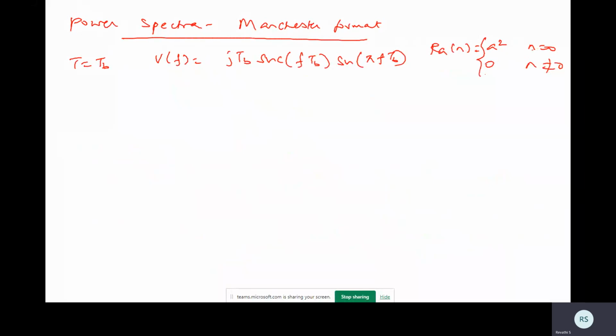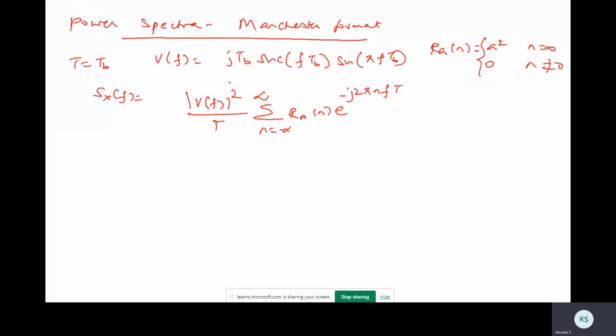So again only for n equal to 0 you have a value. The general equation for S of f is modulus of V of f whole square by T, times the summation of RA of n e power minus j 2 pi n f T, n from minus to plus infinity. Now substituting everything, T equal to TB, and V of f is j.